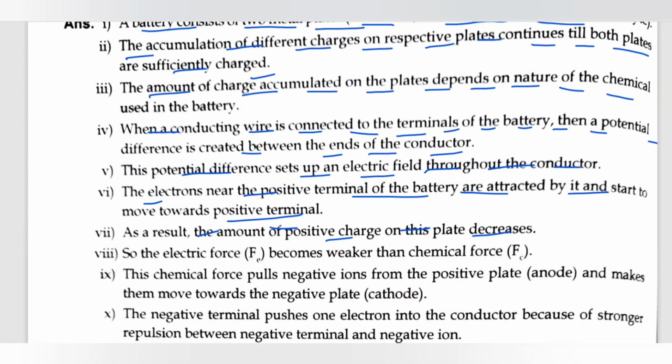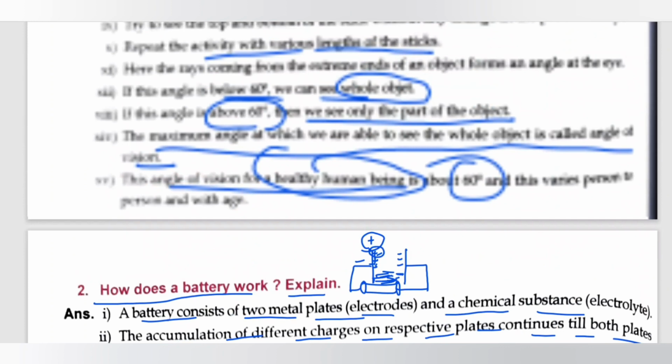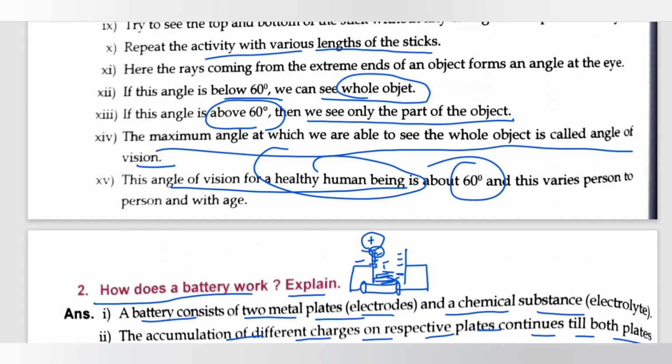So the electric force becomes weaker than the chemical force. The chemical force pulls negative ions from the positive plate and makes them move towards the negative plate. Then the chemical force will make this electron move towards the negative plate.